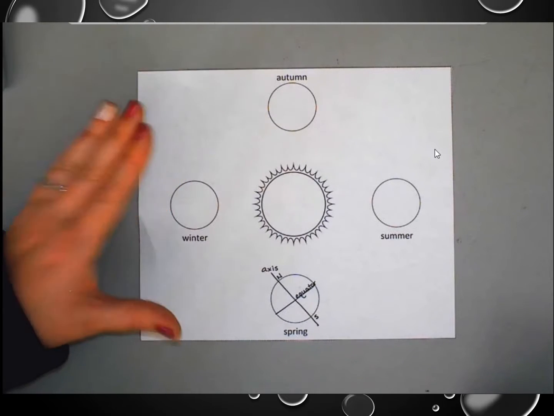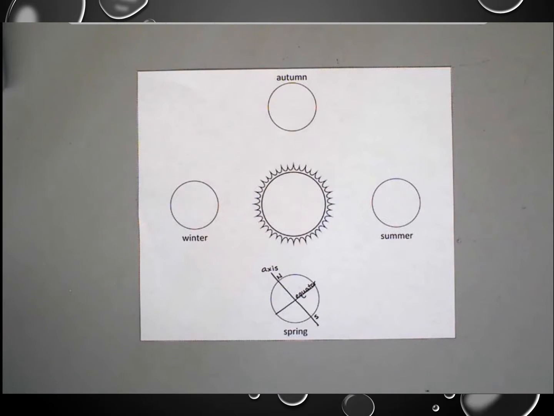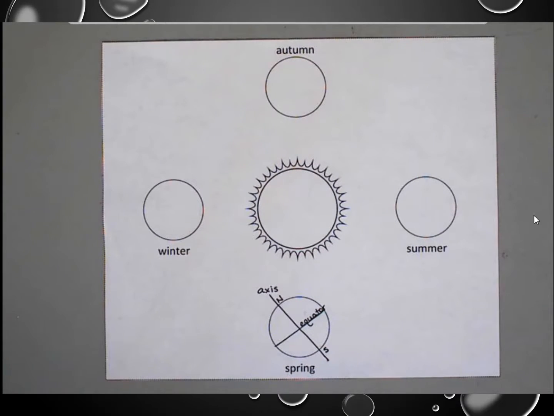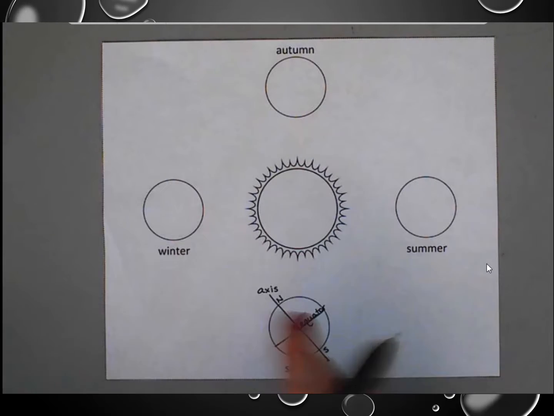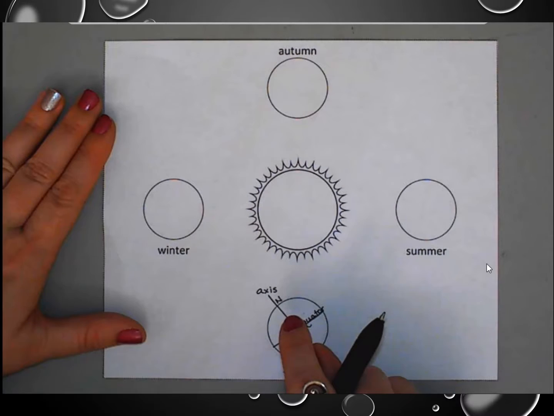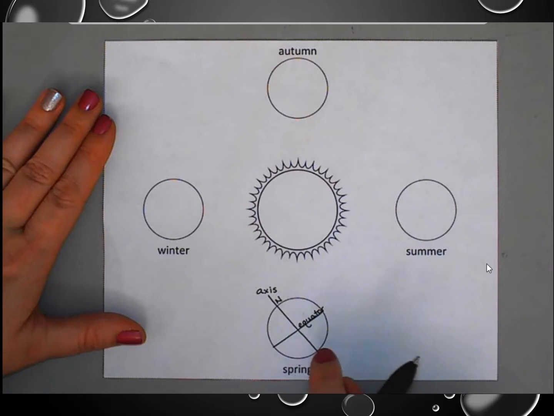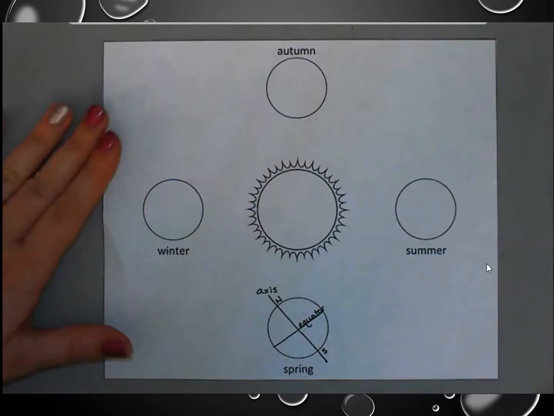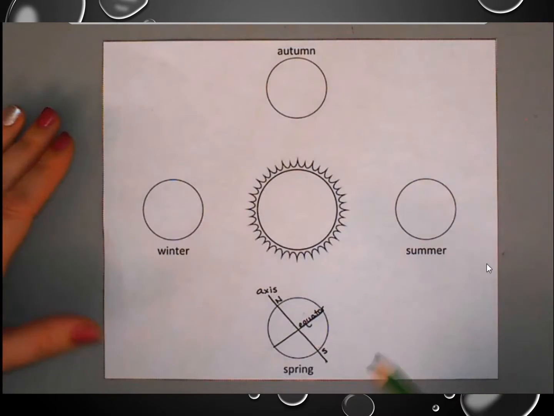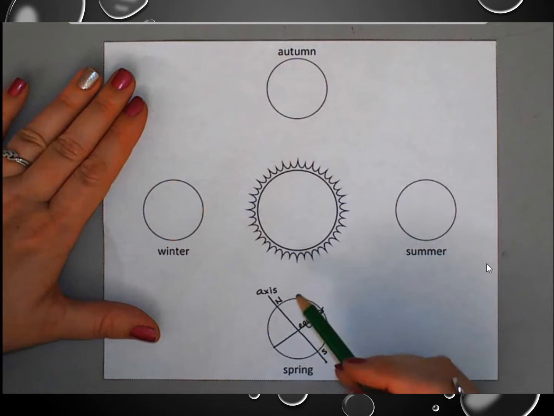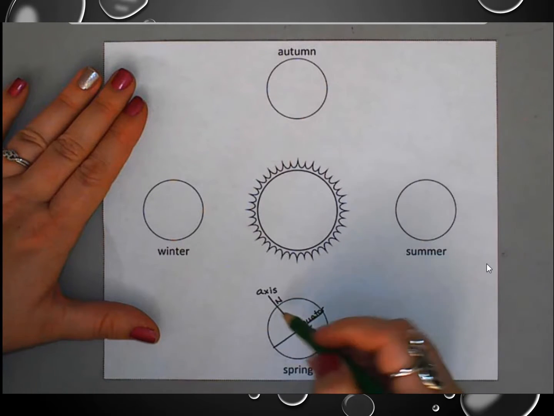When we're talking about the seasons, we're talking about the seasons we're experiencing where we live. And that would be that we live in the northern hemisphere. So we're going to look there, because the other seasons are going to be happening differently down here. I want you to take a green map colored pencil or crayon.